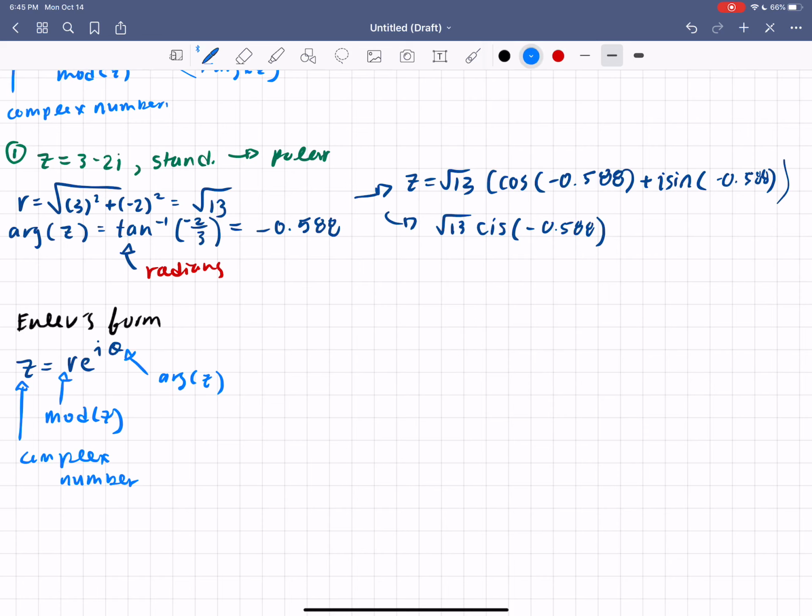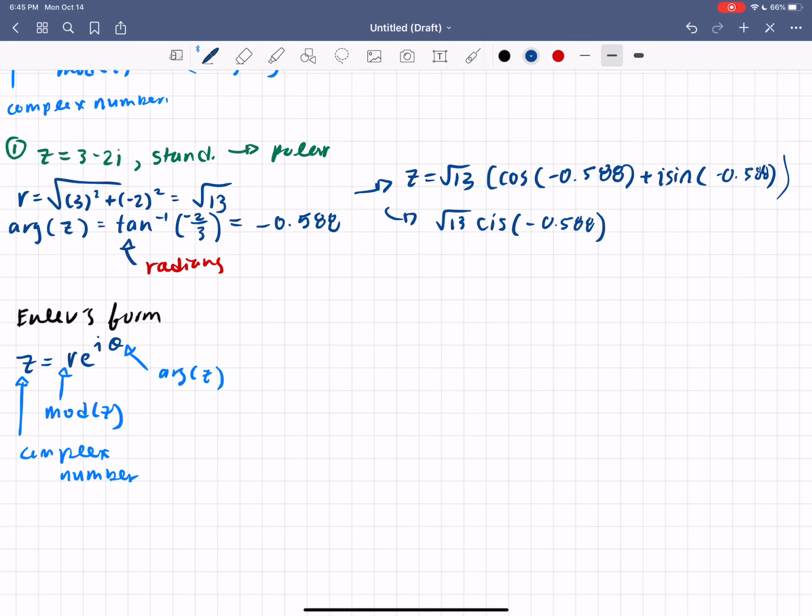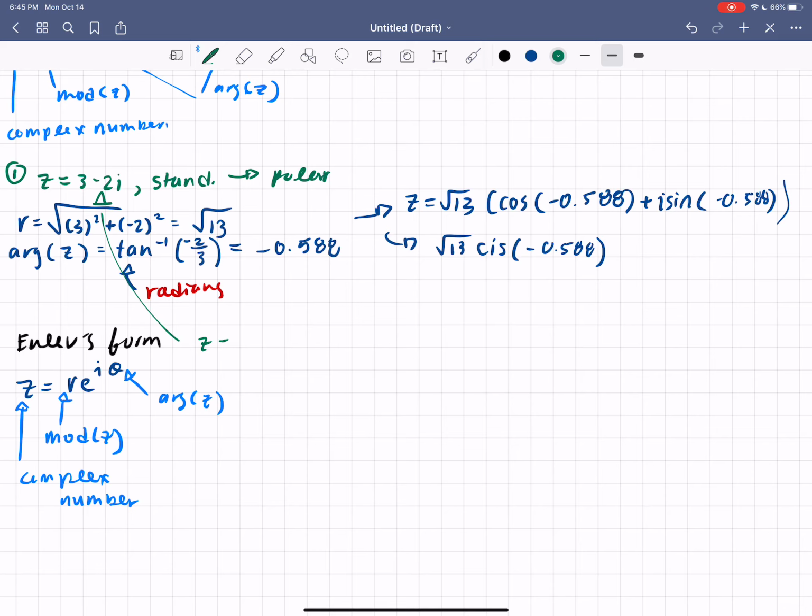And as you're doing this, just keep in mind that you're always going to want to start off by first finding your modulus and your argument. So if we take the example we did before, z equals 3 minus 2i, we just take our r value, which in this case is square root 13, and our argument, which is negative 0.588, and we just plug it in.